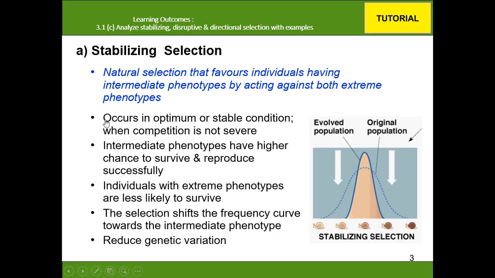In stabilizing selection, what is the meaning of stabilizing selection? Stabilizing selection is natural selection that favors individuals having intermediate phenotypes by acting against both extreme phenotypes. So, as we can see here in the diagram, the intermediate phenotypes are chosen in a population.